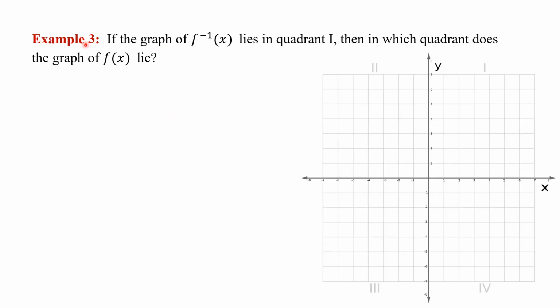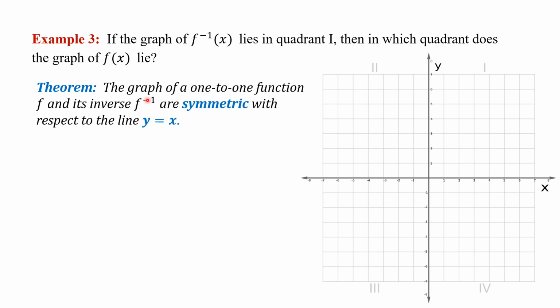In example 3, if the graph of f inverse lies in quadrant 1, then in which quadrant does the graph of f lie? A theorem states that the graph of a one-to-one function f and its inverse are symmetric with respect to the line y equal to x. So graphing the line y equal to x, it will look like this.